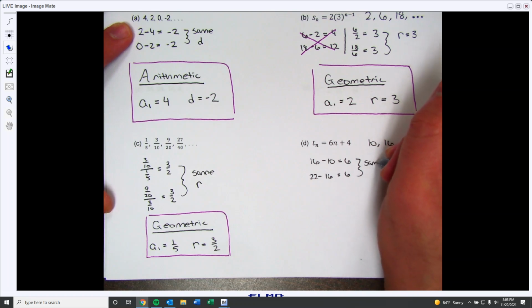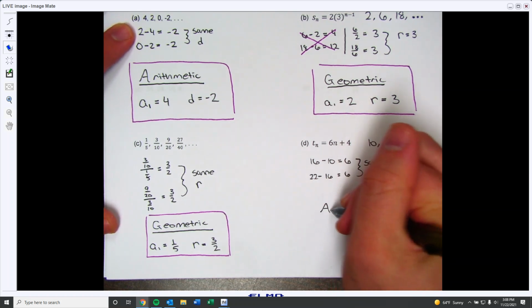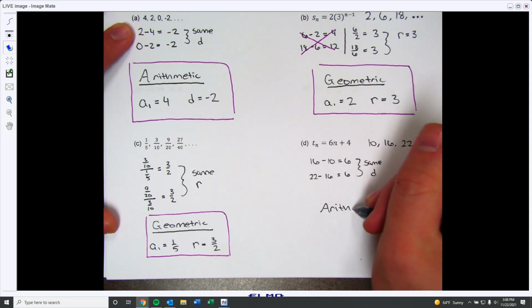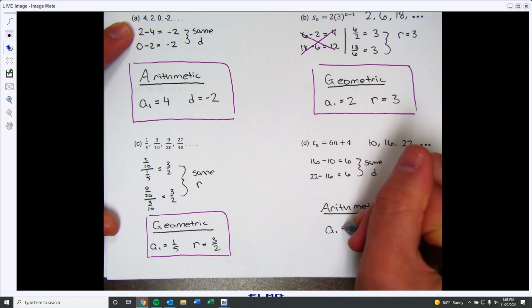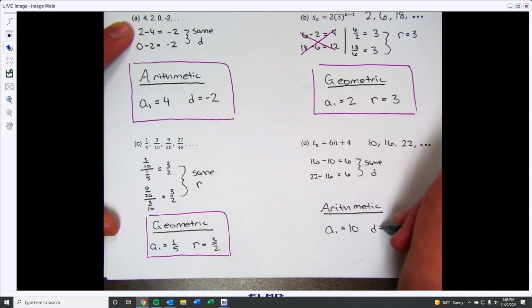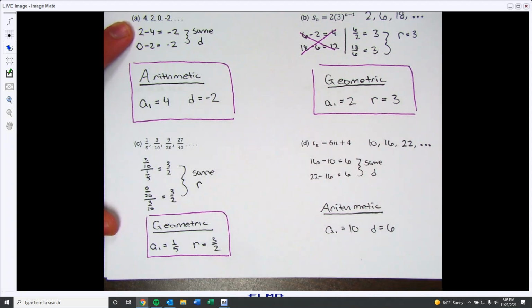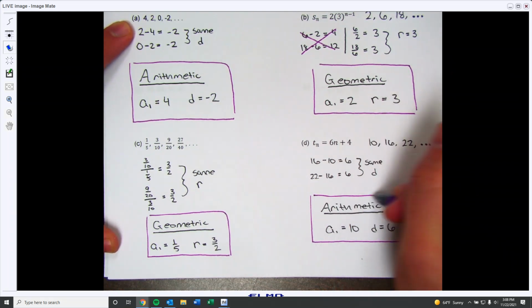Those are the same, and that is my common difference. So now I know this one is arithmetic. My first term, a1, is equal to 10, and my common difference d is 6. And that's all it takes.